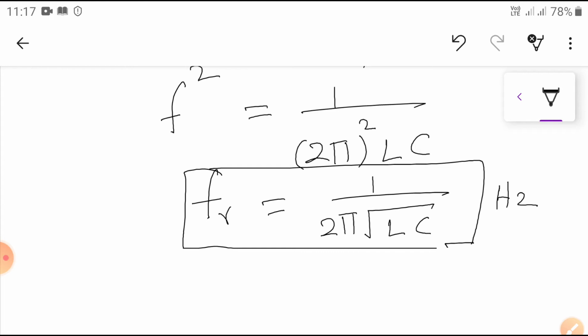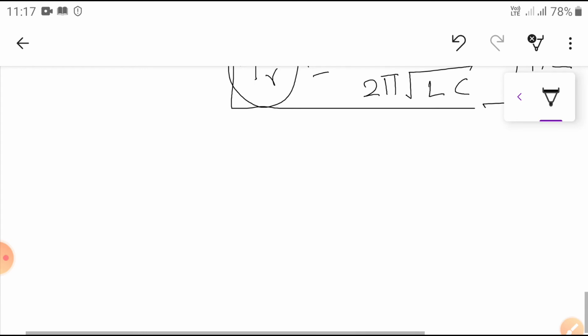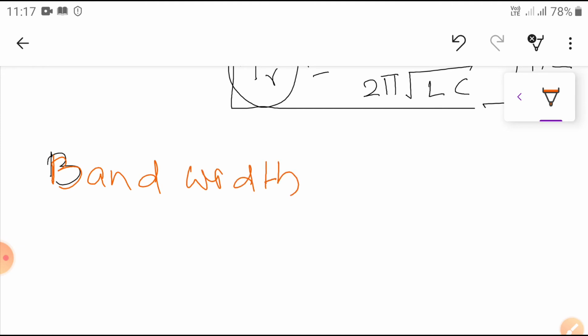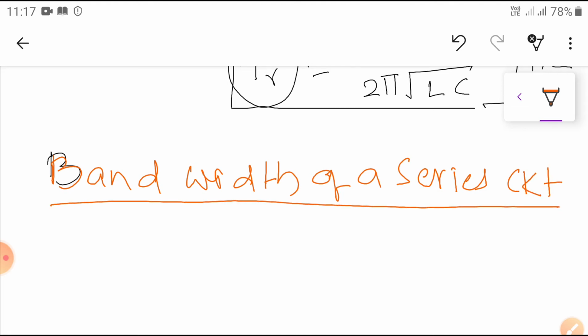Okay, dear students, at the same time I want to note the bandwidth required for this frequency, and the quality factor regarding the series circuit. Let us see that also. Now, bandwidth. You have learned about bandwidth in electronic circuits.